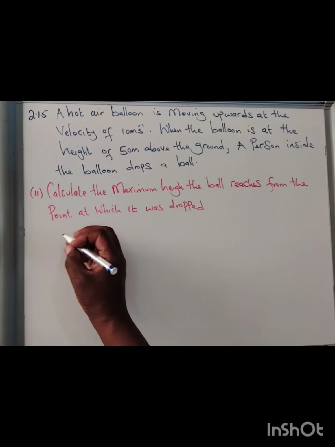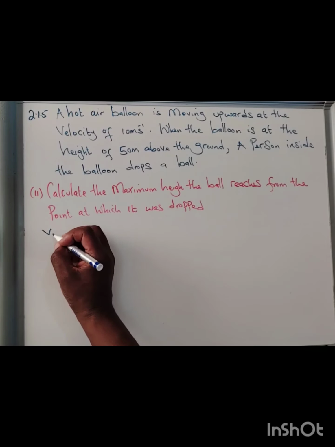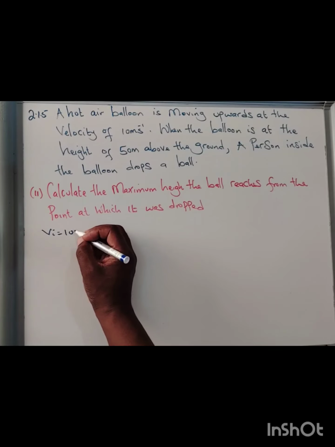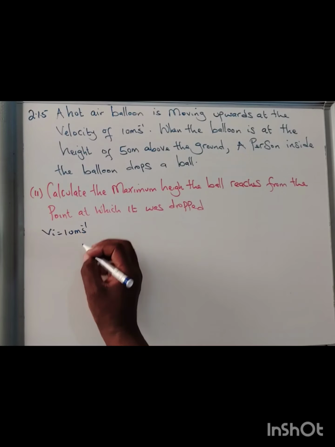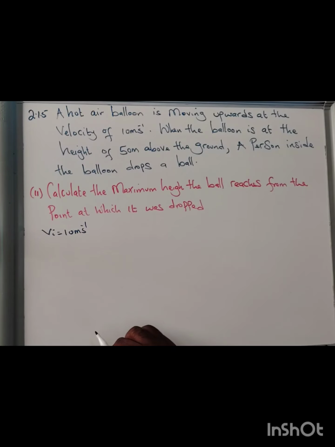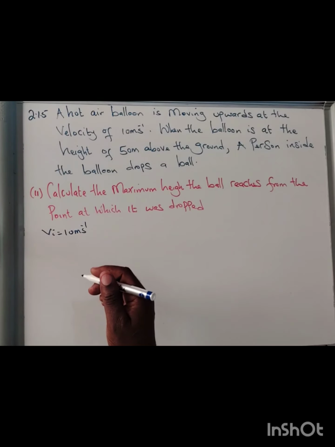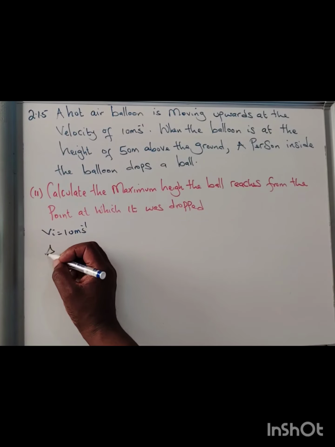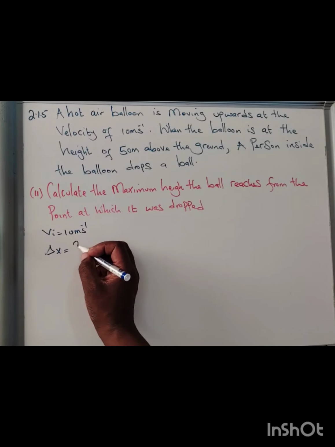The first one, we have Vi, the initial velocity of the balloon, which is 10 meters per second. We have to recall that the ball is projected at the same velocity as the balloon. Then we bring in the unknown. Unknown is delta x.